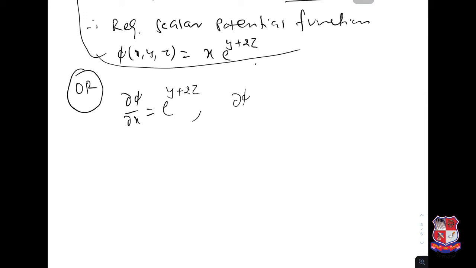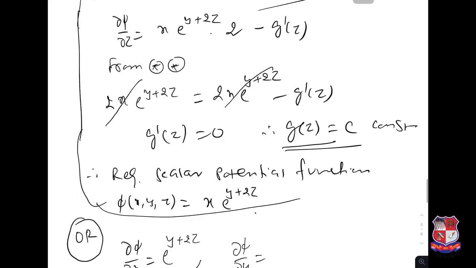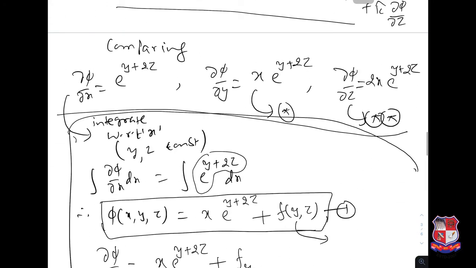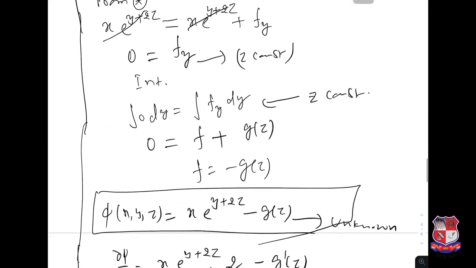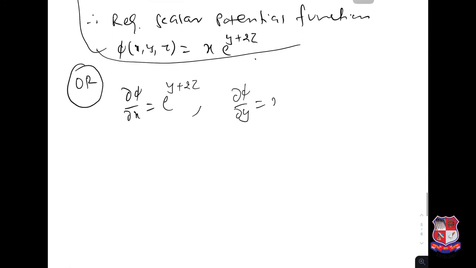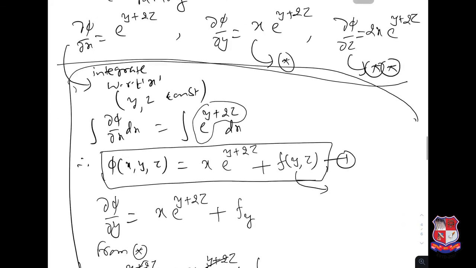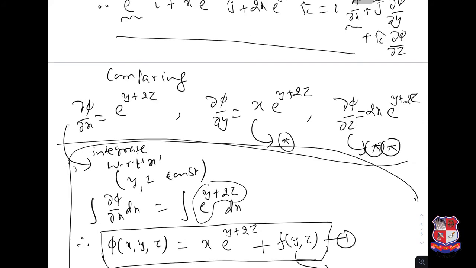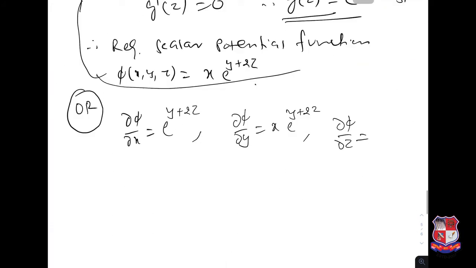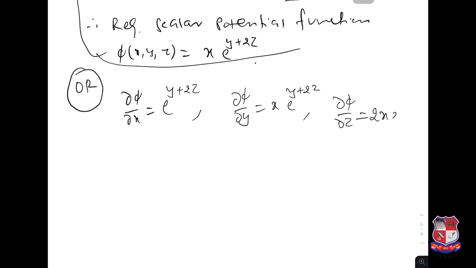Then del phi by del y is x e power y plus 2z. And del phi by del z is 2x e power y plus 2z.